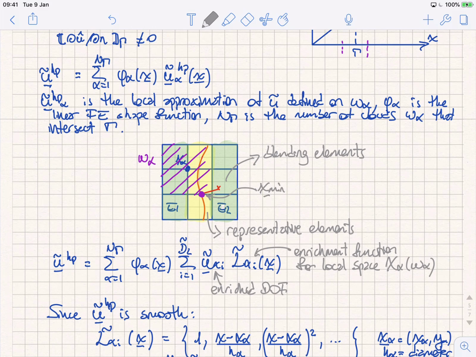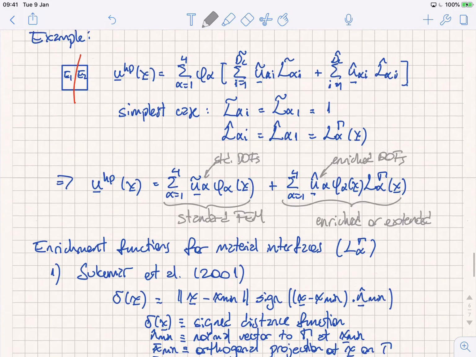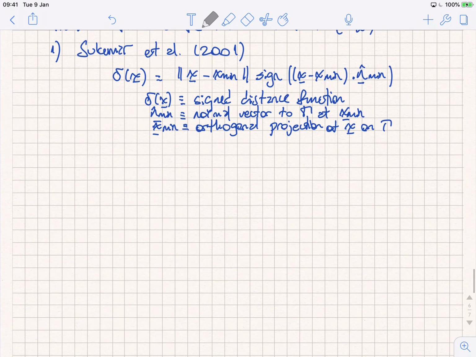Yeah, and of course that discontinuity is endowed with a normal vector, and so if you take a look at what I'm doing here, x minus x min is just a vector from that point x min to the point x that I have in question. It's just a vector. So if I take the magnitude of that vector, it's just a length, right? It's basically just the distance between the point x and the discontinuity.